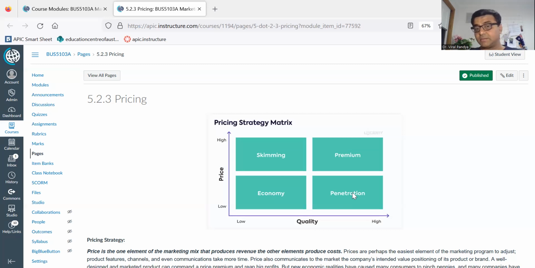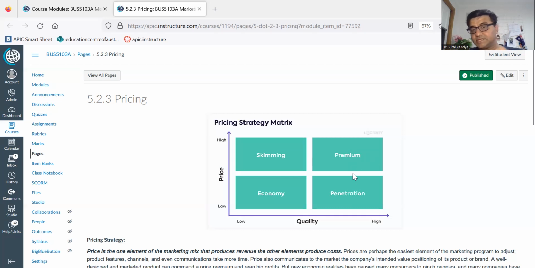Some authors say the market penetration policy is called competitive pricing, where you deliver a very high quality product at a relatively lower price. Many organizations use this in the introduction stage of the product life cycle.